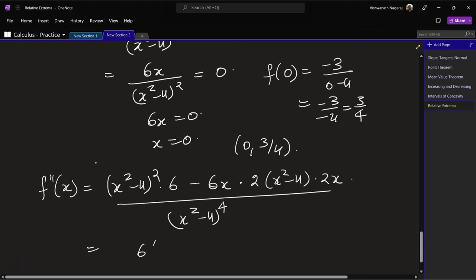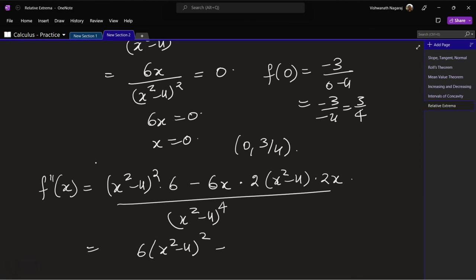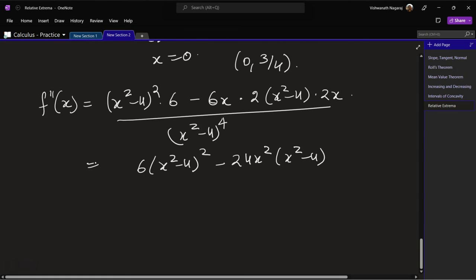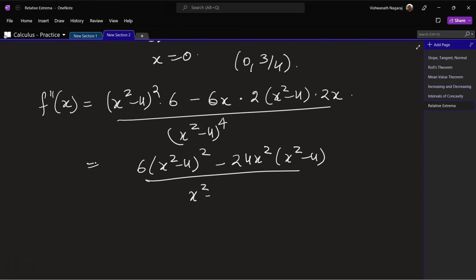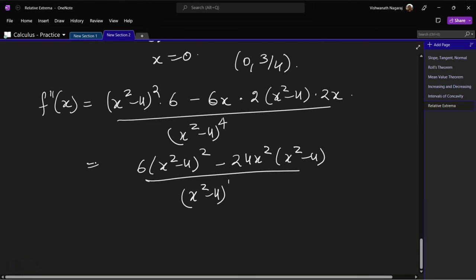So 6 times x square minus 4 whole square, minus 24x square times x square minus 4, divided by x square minus 4 to the power 4. Now, one of this and one of this gets cancelled.